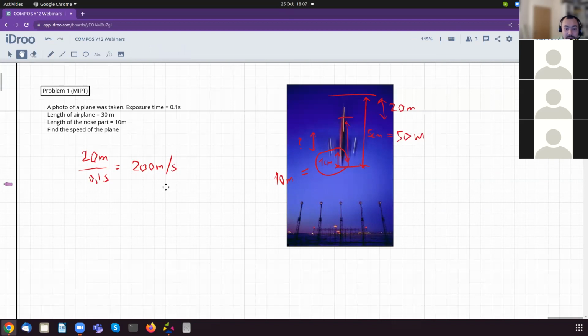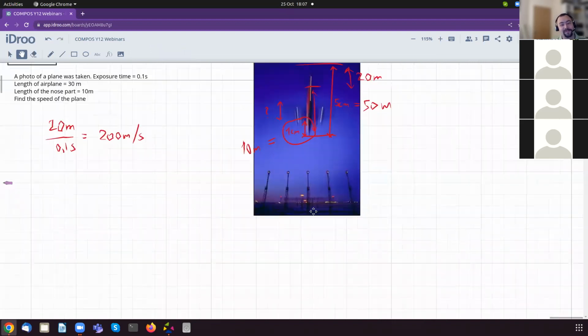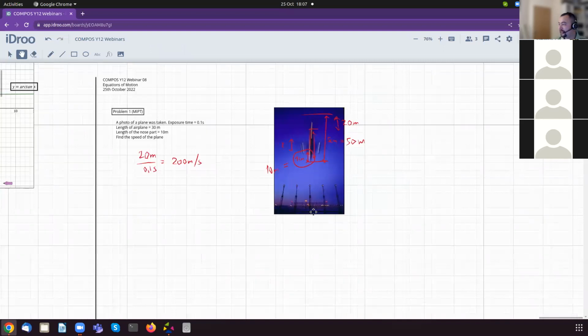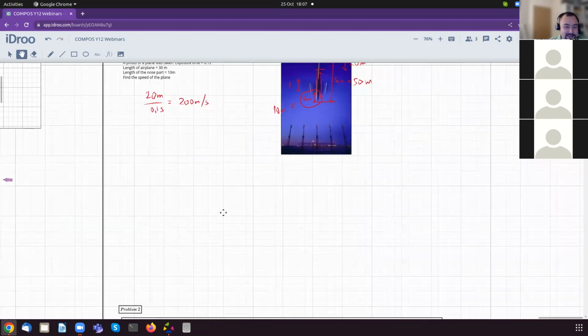Anyways, quite a nice thing to do. You can take a picture of a car and figure out how fast the car is going by just taking measurements of the car or anything. Okay, so just like that.